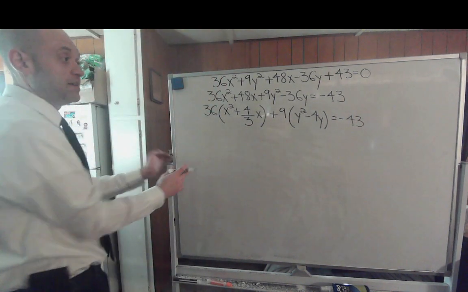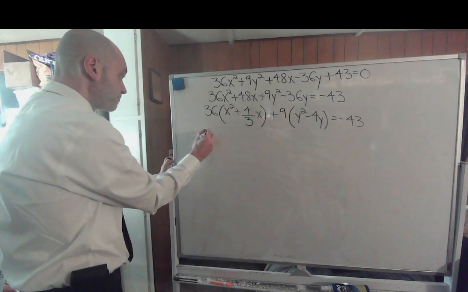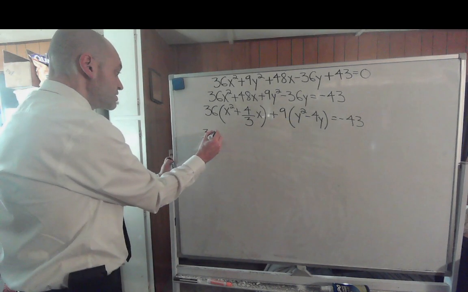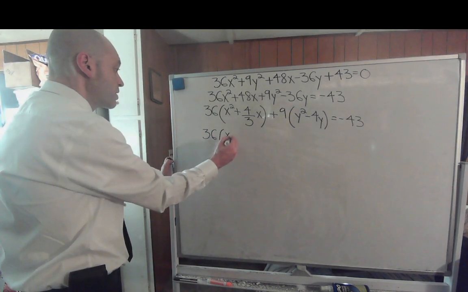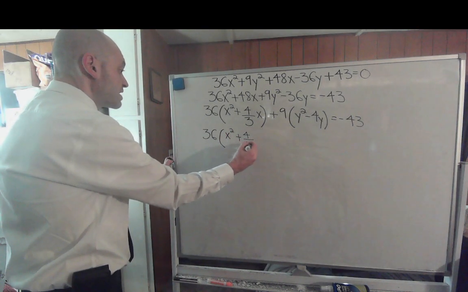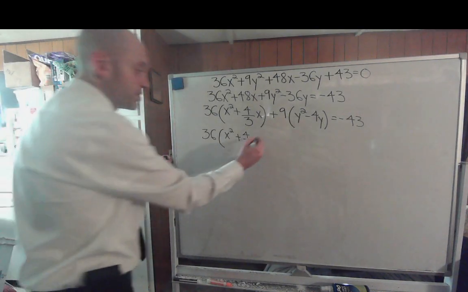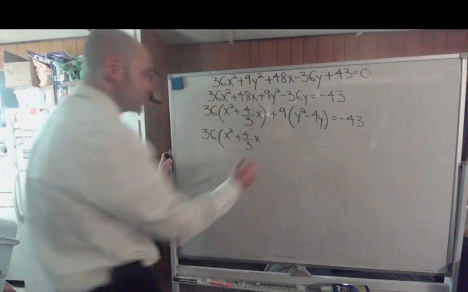Now what we have left is completing the square. This is where it really gets fun. So 36 times the quantity of x squared plus 4/3 x. Alright, so what's half of 4/3? Well, that's only 2/3. If you square 2/3, you get 4/9.